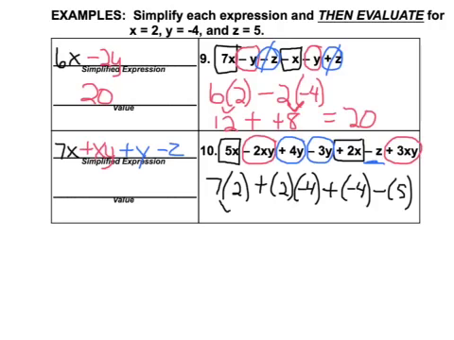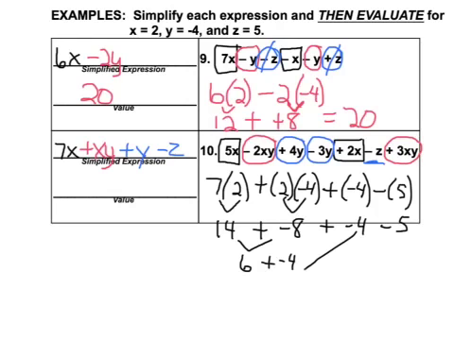So I have to find the multiplying first. So 7 times 2, 14. 2 times negative 4 is a negative 8. Bring down this plus sign. Then I have plus a negative 4, and then I have minus 5. So now I go from left to right. 14 plus negative 8 makes 6. 6 plus a negative 4, that's going to be a positive 2.